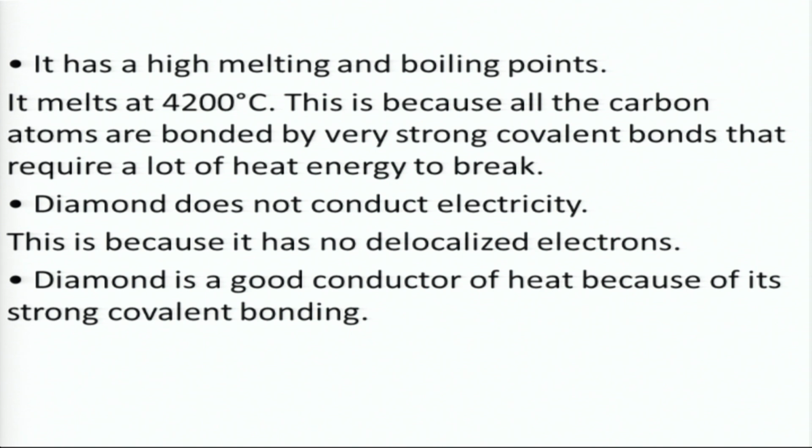Because of this strong covalent bond that joins each carbon with another carbon, it needs high temperature to break the bond between carbon and carbon. So this temperature of 4,200 degrees Celsius, imagine you can compare with water. Water boils at only 100 degrees Celsius. Now multiply it to get 4,200. So if you happen to touch boiling water, how hot it is.